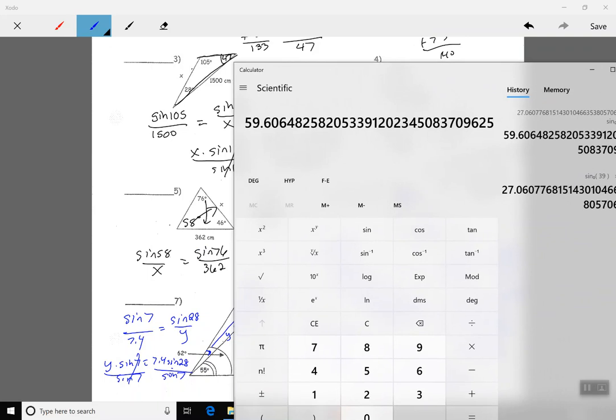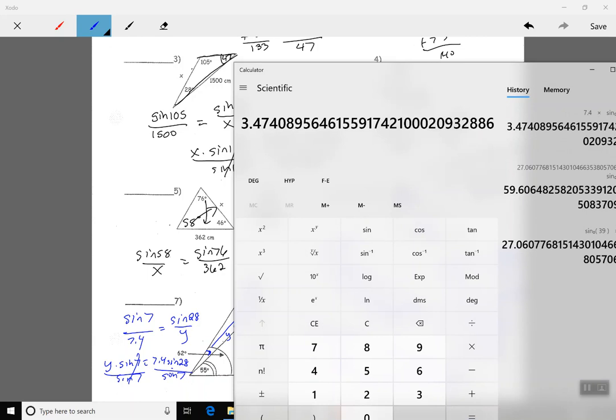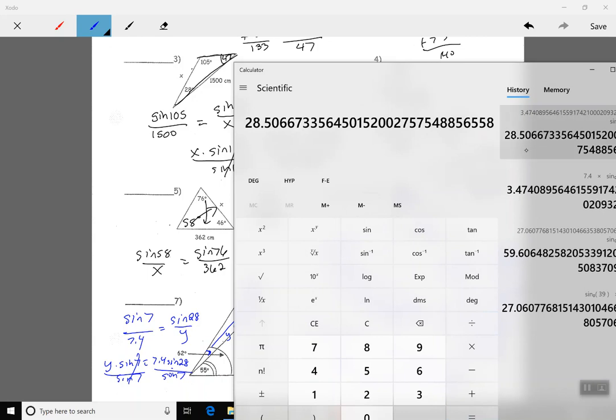So 7.4 times the sine of 28 equals that number, and divide that by sine of 7, and that gets you 28.507.